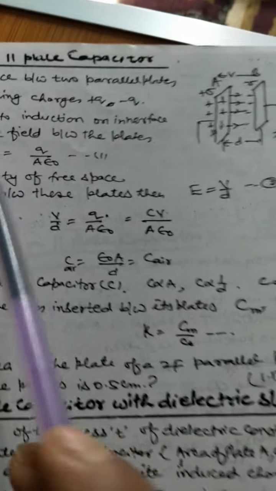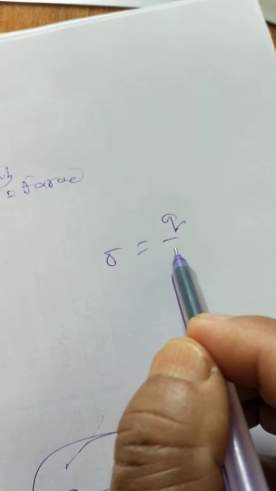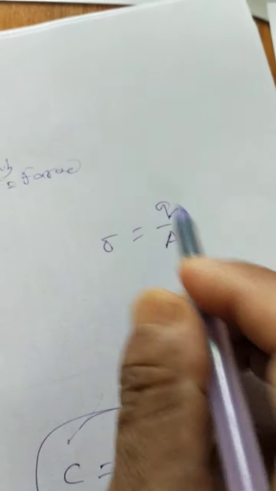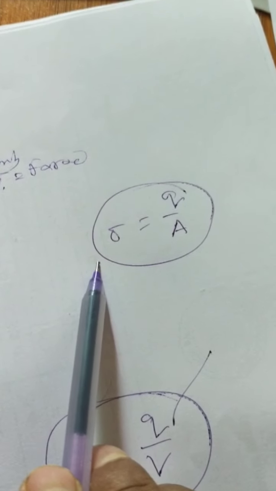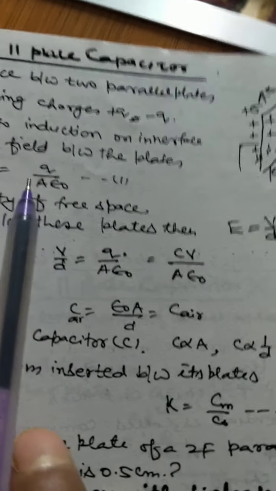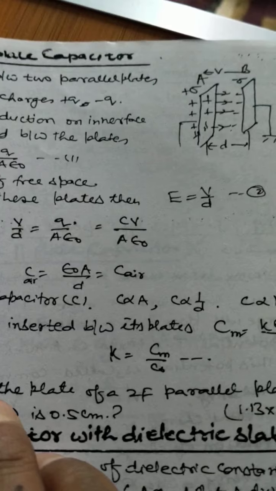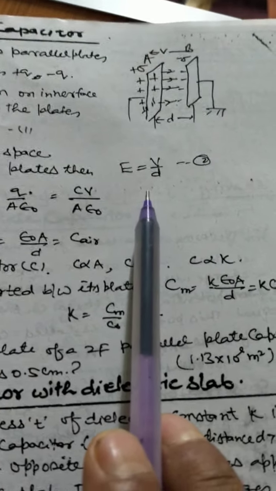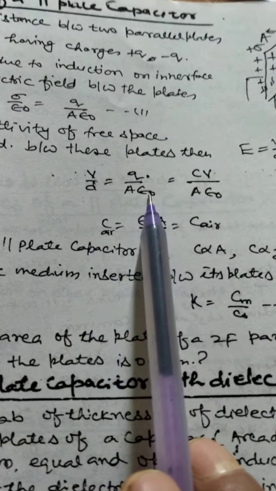And this sigma is charge per unit area. That is called surface charge density. I have put here the value sigma is equal to Q by A, then it will be Q by A epsilon naught. Now this is also the electric field between the two plates. This is the electric field in terms of the potential difference. Equating these two, V by D is equal to this.